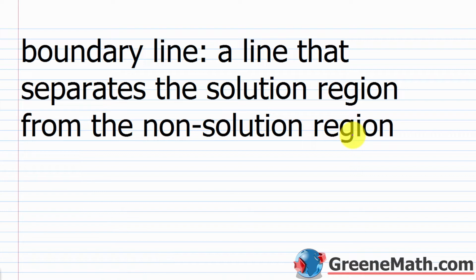If you get a strict inequality, meaning a greater than or a less than, then the boundary line is not part of the solution. If you get a non-strict inequality, meaning greater than or equal to or less than or equal to, then your boundary line is part of your solution.